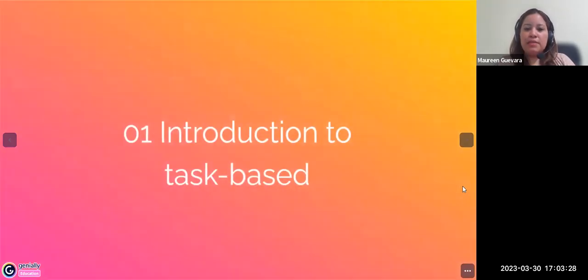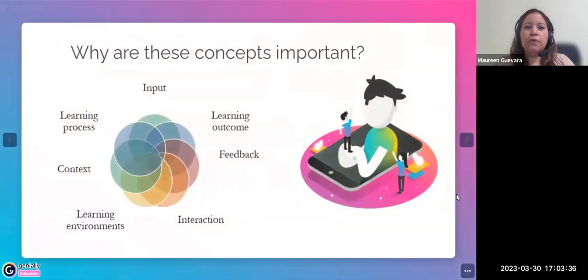So let's start with an introduction to task-based. Probably you have heard about task-based. I'm just going to share some concepts or keywords that are really important: input, learning outcome, feedback, interaction, learning environment, context, and learning process. And why are these concepts important when we talk about task-based?